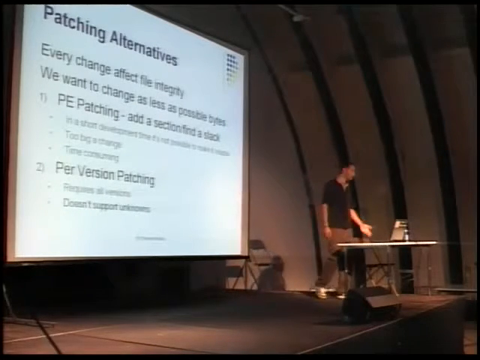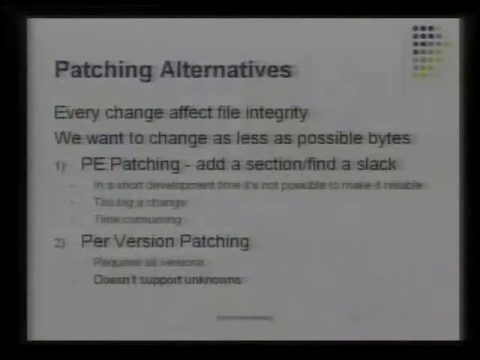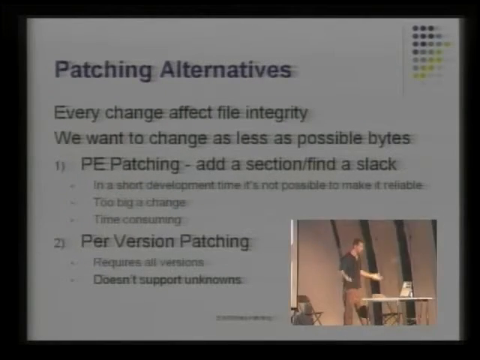If you see eEye patch or iDefense and companies like that, they have all the DLL files, they check each one of them, and they do a special patch per version. So the problem here is that if you don't have all the versions of the DLL in advance, you're screwed.